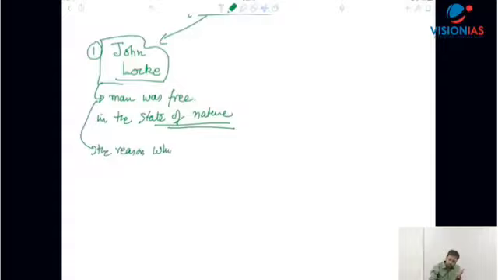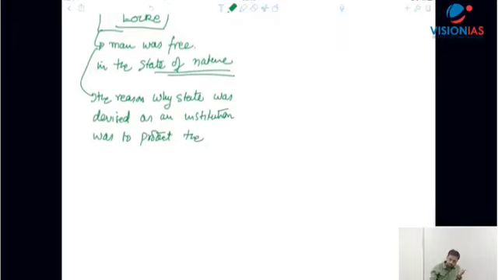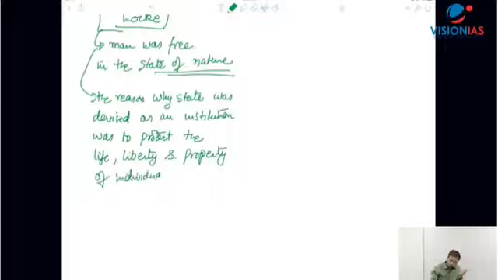and the reason why the state was devised as an institution was to protect the life, liberty, and property of individuals.